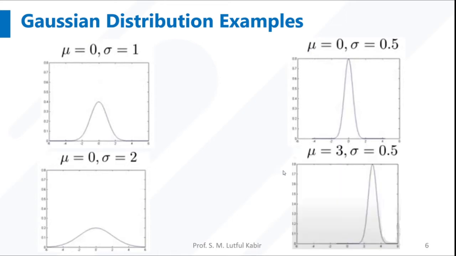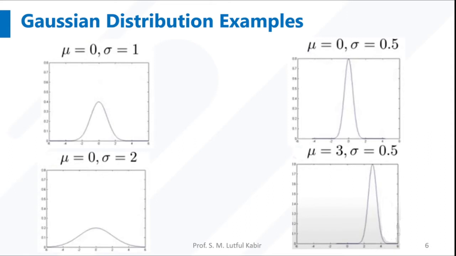But you see the other case where mu equal to 3 and sigma equal to 0.5. You can compare the two curves. In this case, mu equal to 3, and in the previous cases mu equal to 0. So the mean point has shifted. It is not at 0, now it is at 3. So the width is 0.5, but the mean value has shifted.